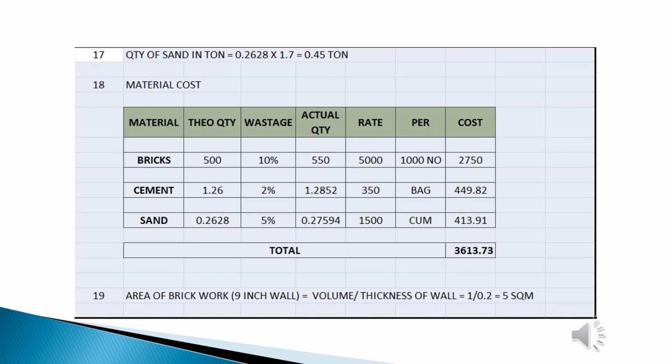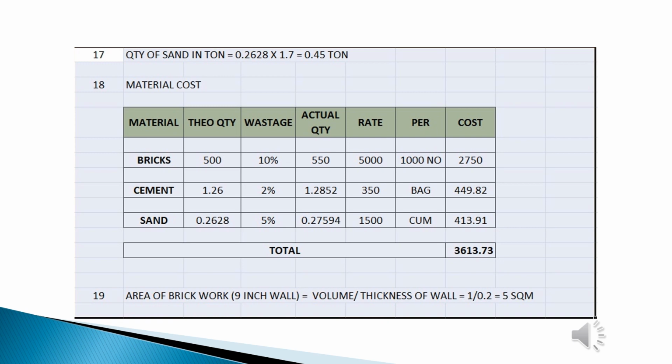Wastage for brick is 10%, wastage for cement 2%, wastage for sand 5%. Actual quantity for brick is now 550, cement 1.28 bag, sand 0.27 cubic meter. Rate: brick 5000 rupees per thousand numbers, cement 350 rupees per bag, sand 1500 rupees per cubic meter.